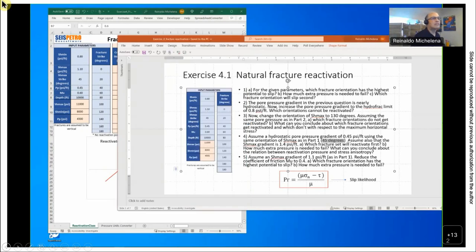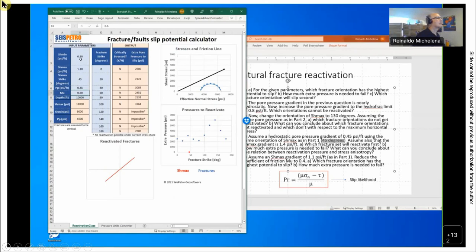Also assume that the maximum horizontal stress is 1.4. So instead of 1.1, we're going to put 1.4 for the maximum horizontal stress.